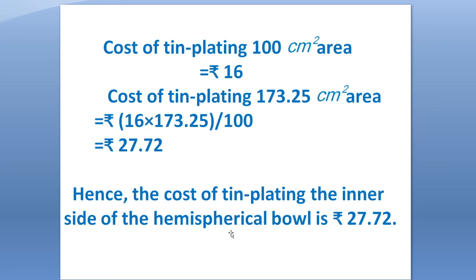So therefore cost of tin plating 173.25 centimeters square area is equal to 16 into 173.25 divided by 100, which gives us 27.72 rupees. Hence the cost of tin plating the inner side of the hemispherical bowl is 27.72 rupees.